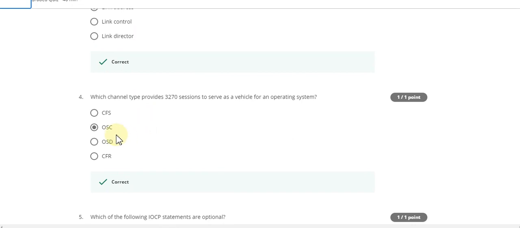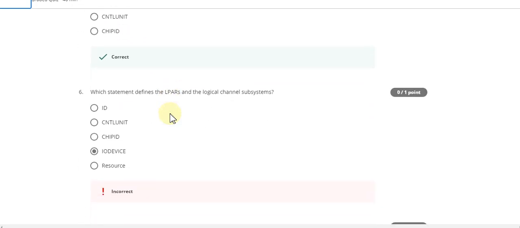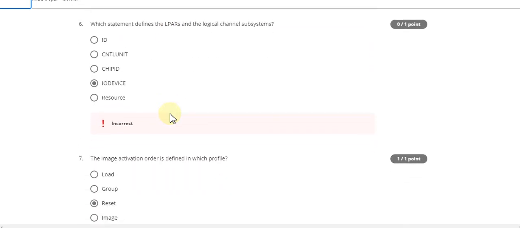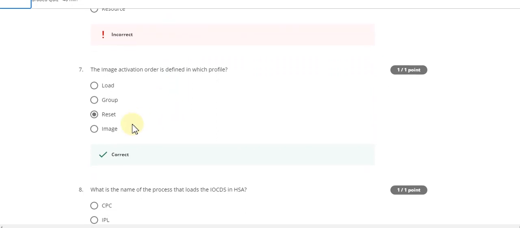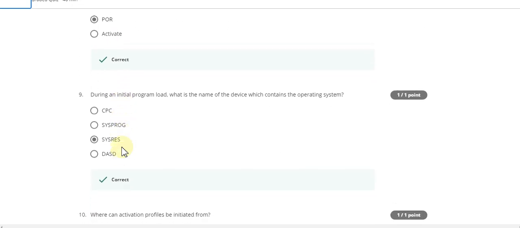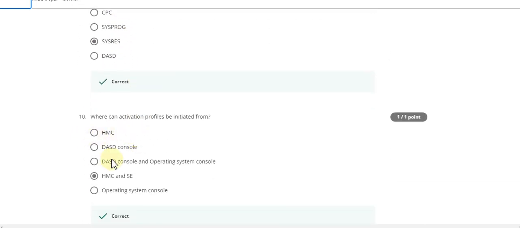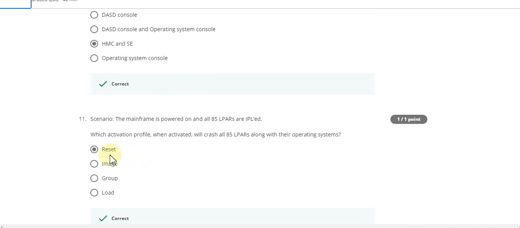Fourth is OSC, and the fifth is all of these options. Question number 6 is wrong. Question number 7 is reset, and question number 8 is POR. Question number 9 is SYSRES, and question number 10 is HMC and SE. Question number 11 is reset.